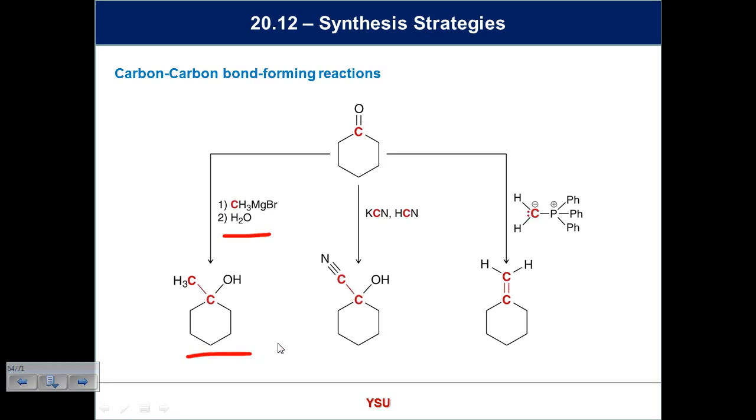You know how to make a Grignard reagent, you know how to add it to an electrophilic species, and we can end up with a more complex material by doing nucleophilic addition. You now know how to make cyanohydrins. Not that useful to us, but it's an example of a CC bond forming reaction, so that's why we put it there. And I think the most important one from the previous chapter, the one that we've just finished, is the Wittig reaction. That is absolutely very powerful to be able to manipulate and make more complex molecules. So keep an eye on those things.